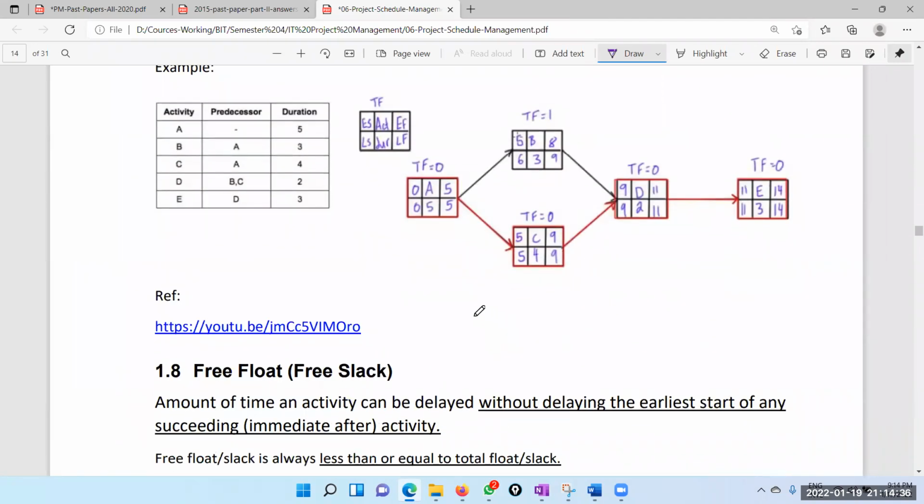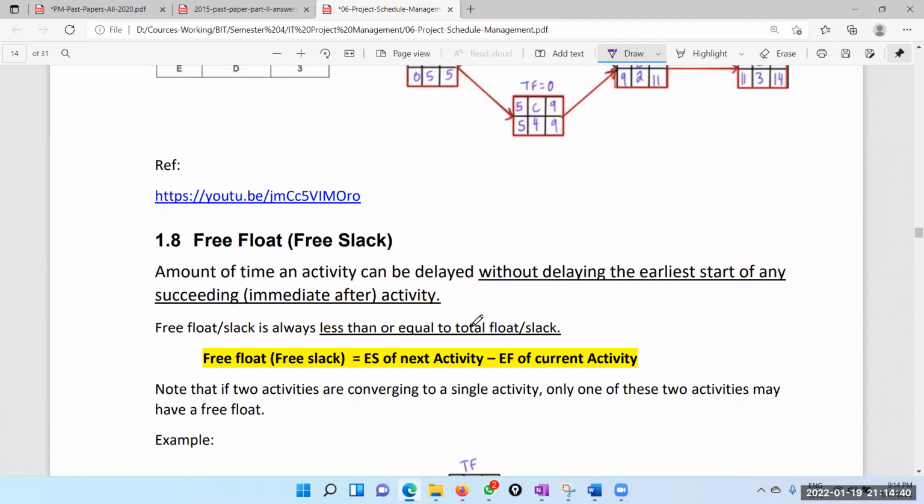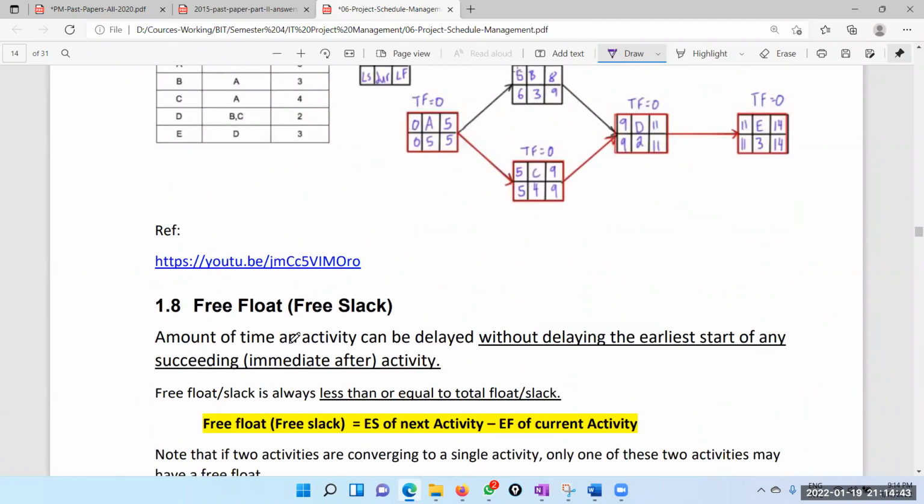So then we have something called free slack or free float. So that is different. Free float or the free slack is the time that you can delay, right, without delaying the earlier start of any immediate succeeding task. So that is called free slack. That is different.